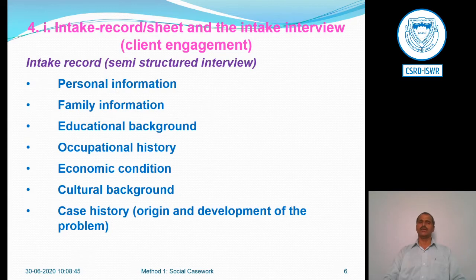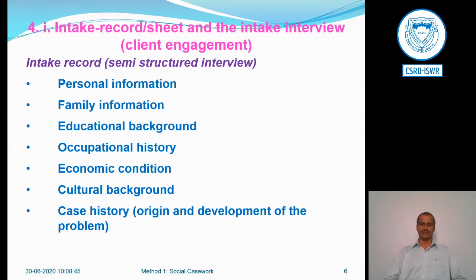It includes the personal information, which includes age, his educational status, so all his demographic features. Then family information, whether he belongs to a nuclear family or joint family, what are the family members, how many members are there, all the family details.